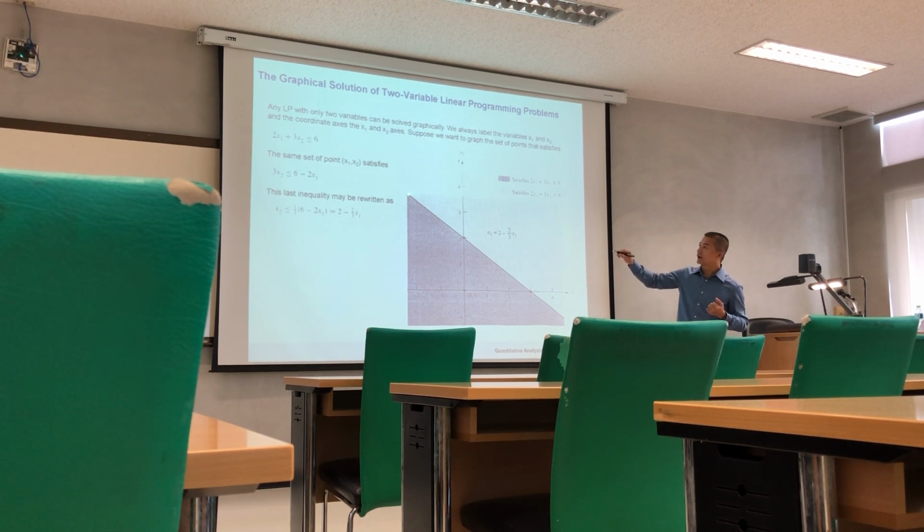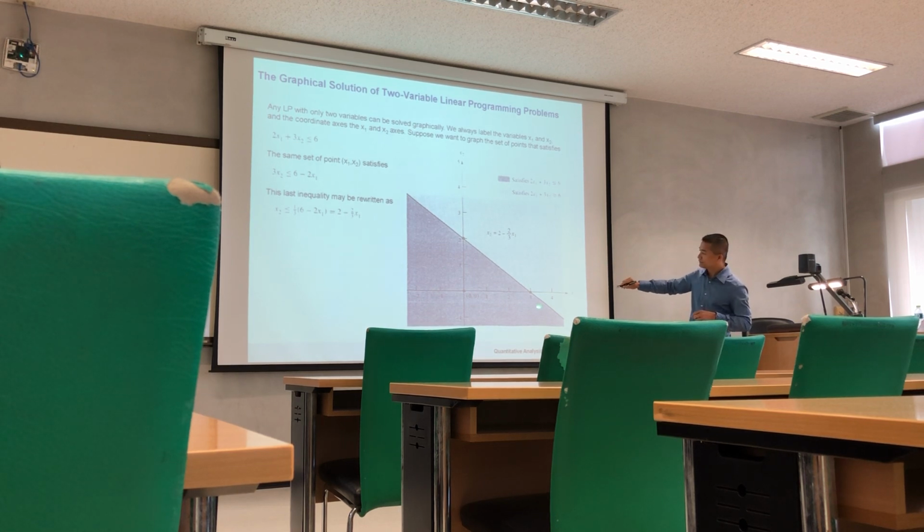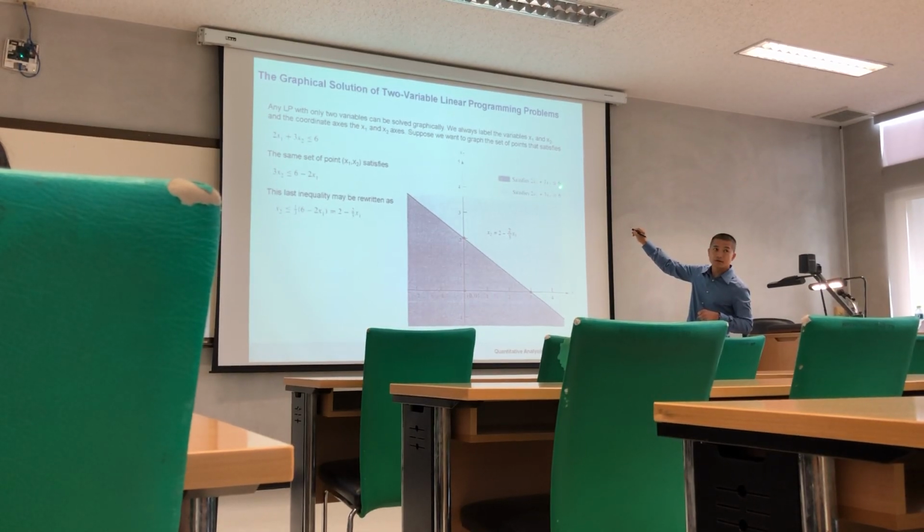So this line here is x2 equal to 2 minus 2/3 x1. And this darker shade, this area, satisfies 2x1 plus 3x2 less than or equal to 6.